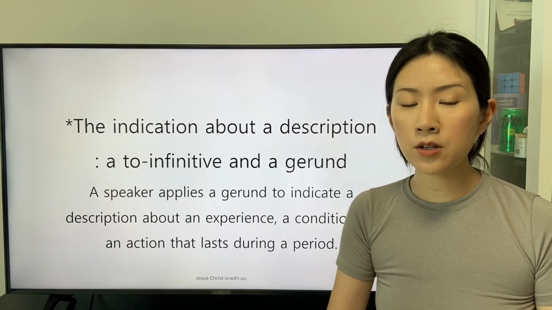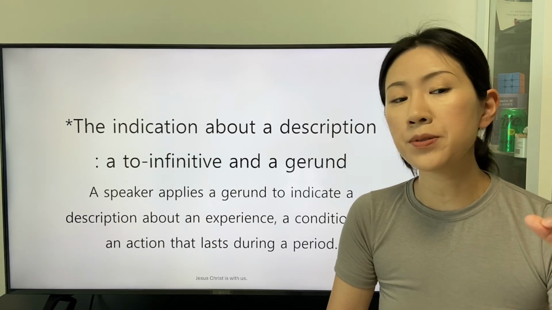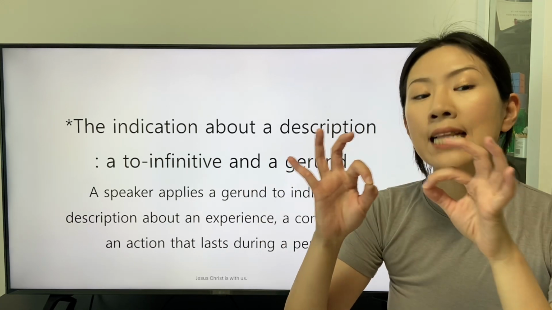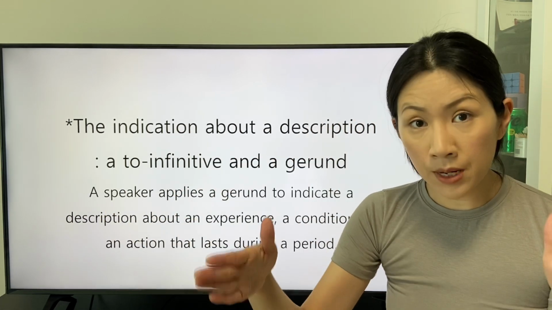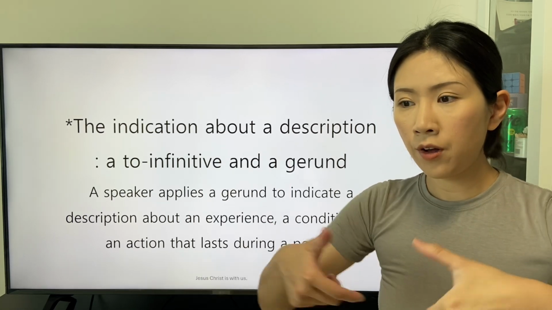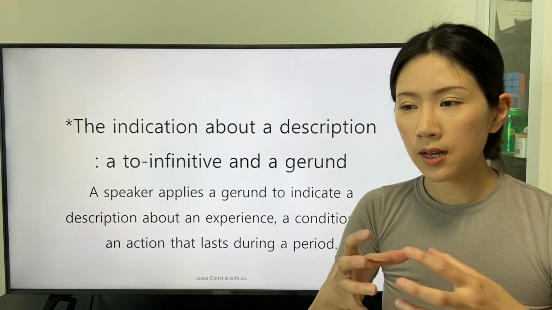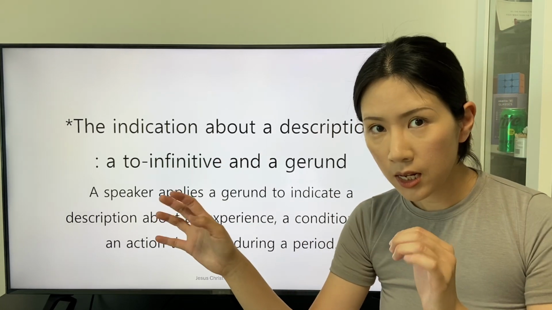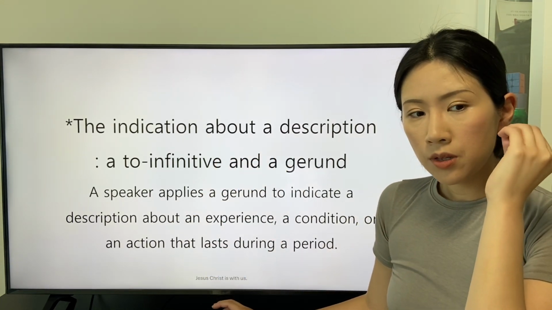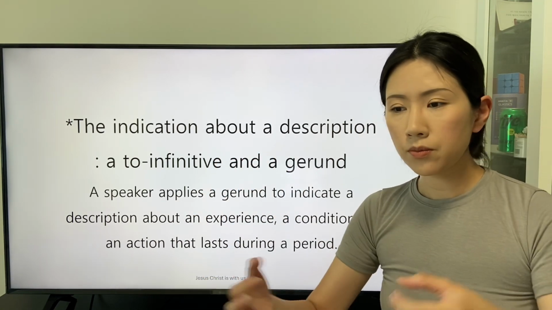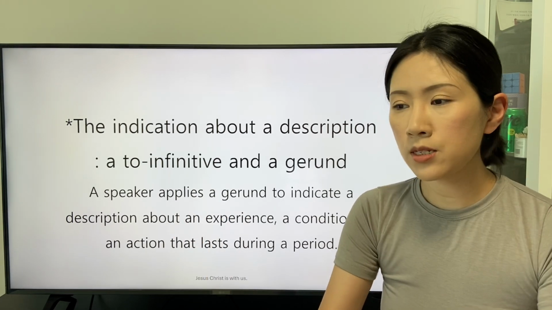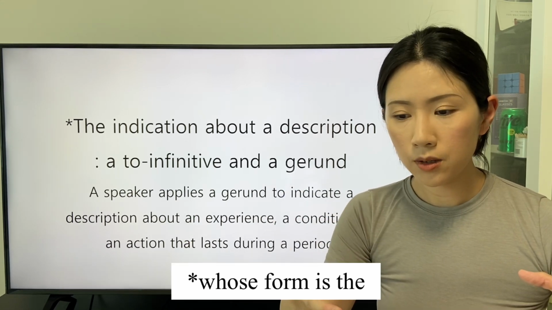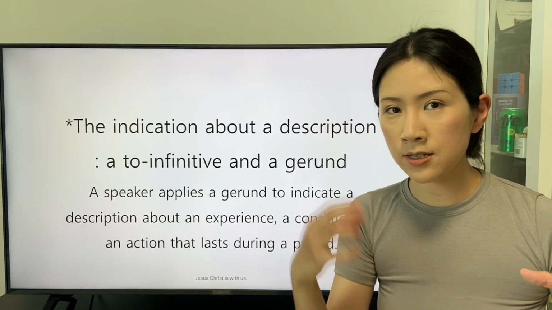A speaker applies a gerund to indicate a description about an experience, a condition, or an action that lasts during a period. The gerund consists of a verb and the suffix ing, and the experience, condition, or action indicated by a gerund is revealed by the former part of the gerund, whose form is the same as the verb.